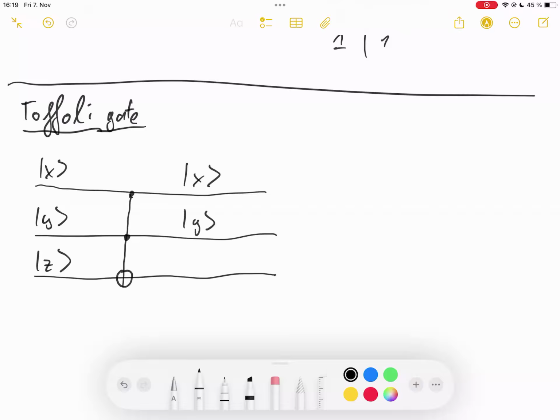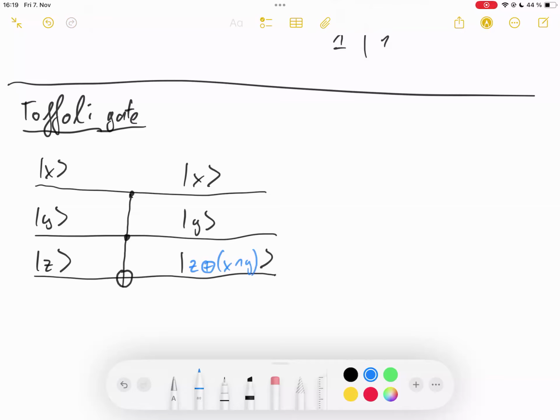It does not change the second input, but the third output will be, I'll also write this in blue, Z XOR (X AND Y).